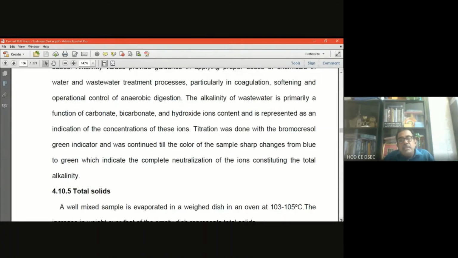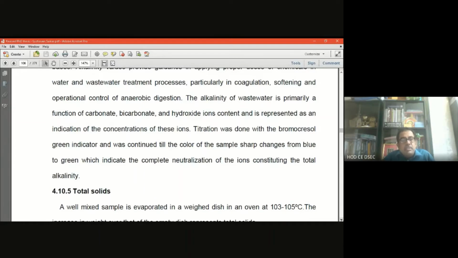Now titration is done with the bromocresol green indicator and continued till the color of the sample changes from blue to green, using sulfuric acid as the titrant.